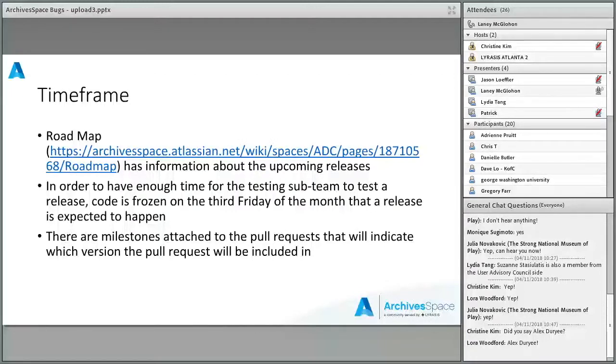So we try to freeze the code and don't accept any more pull requests for that specific release on the third Friday of the month that the release is coming out. One of the things that I've been trying to do is to include milestones. You can do milestones on the pull request that will give you an indication as to whether it made the deadline for the next release and which release it's actually going to go in.